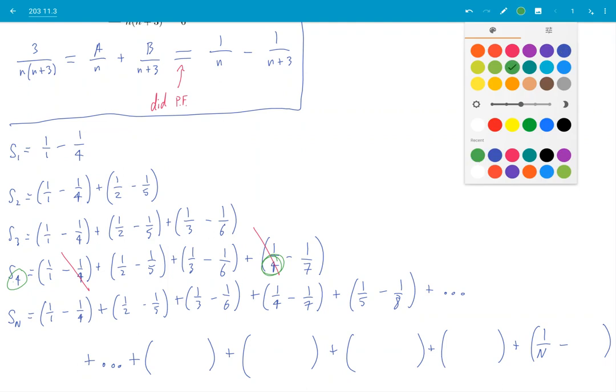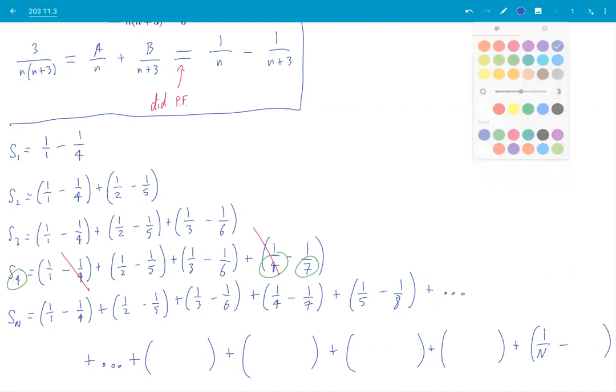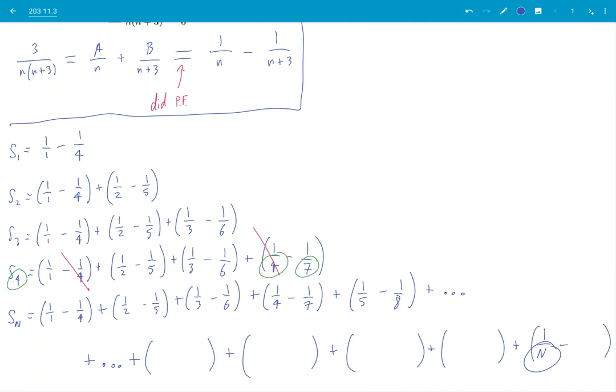Now going back to the 4s, I have 4 here, and then 4 plus 3. So here I have n, and right here I'm going to have n plus 3.